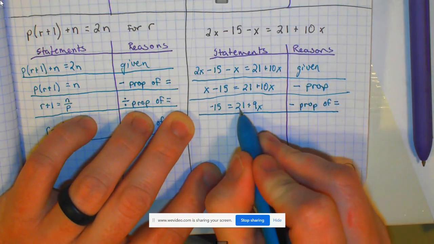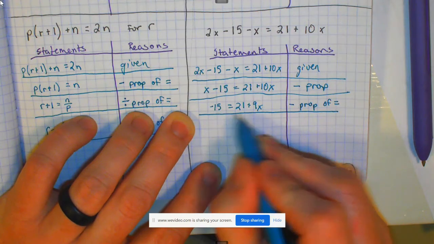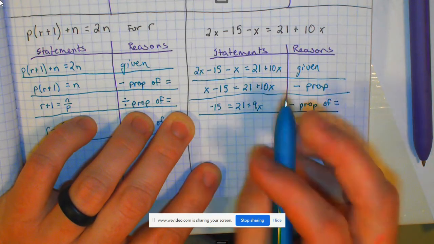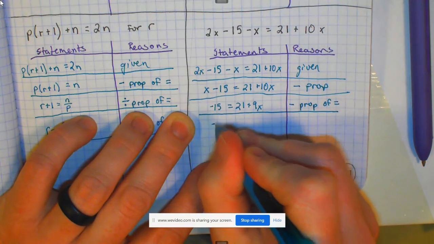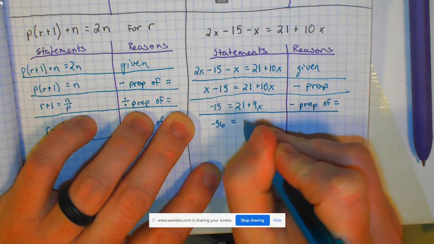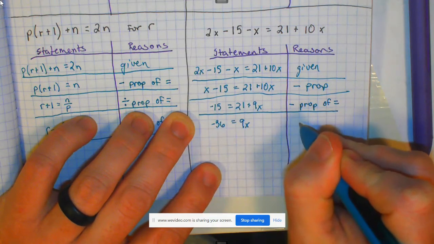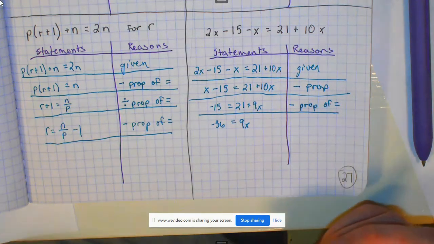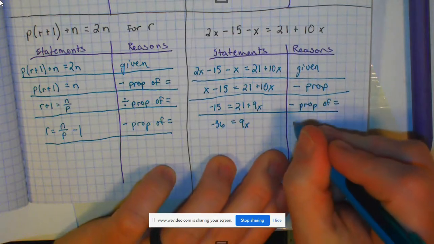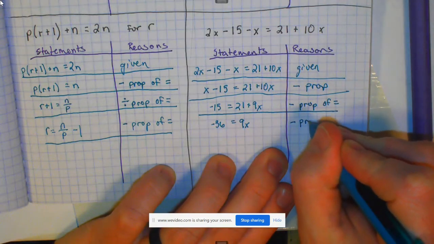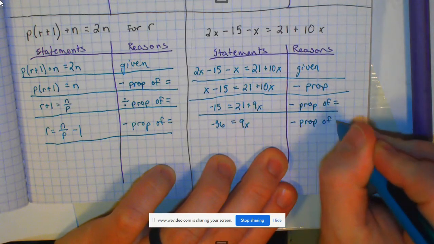Okay, now I'm going to subtract 21 from both sides, and negative 15 minus 21 is -36 equals 9x. So again, we subtracted on both sides, so that's subtraction property of equality.